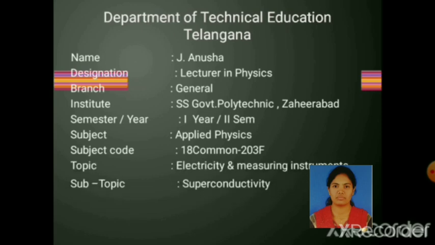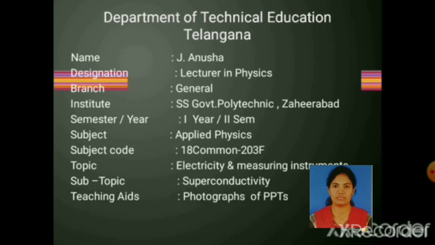And the main topic we are going to discuss in today's class is our fifth chapter, that is electricity and measuring instruments from our syllabus. And from this chapter we are going to discuss what is superconductivity.